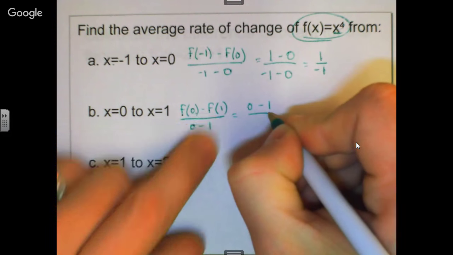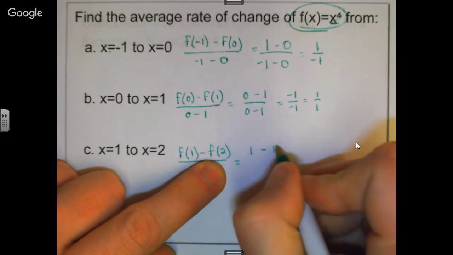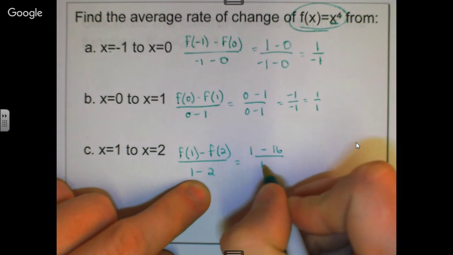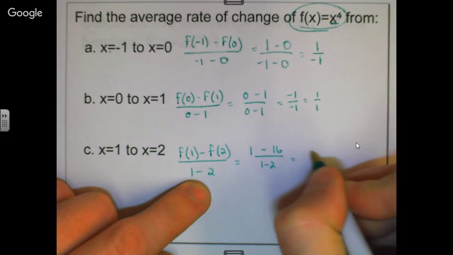Okay. X equals 2 to x equals 1. So I have f of 1 minus f of 2, over 1 minus 2. So f of 1 is 1 to the 4th, minus f of 2 is 2 to the 4th, which is 16 over 1 minus 2. So it's minus 15 over minus 1, 15 over 1. Okay, so it's rising at a much faster rate.